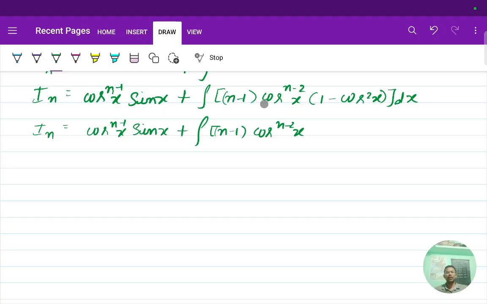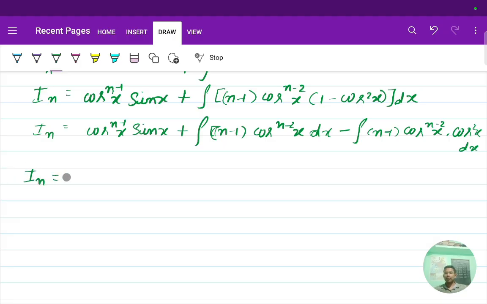When we multiply, we get integration n minus 1 cos power n minus 2 x dx minus integration n minus 1 cos power n minus 2 x into cos square x dx, right? Did you understand up to here?